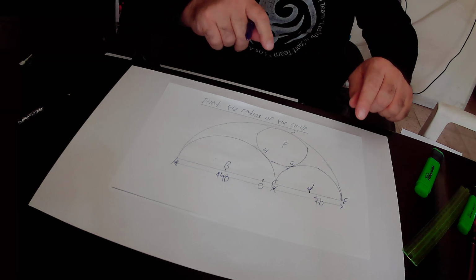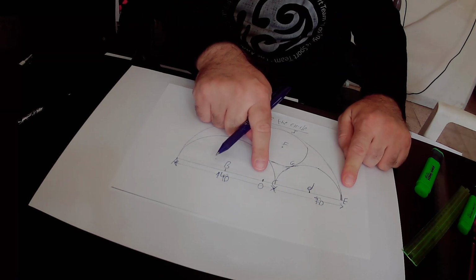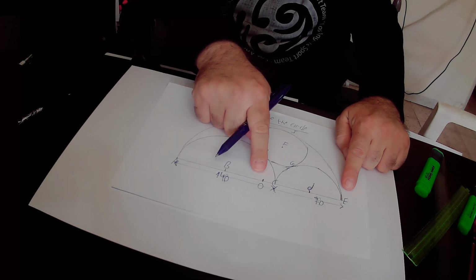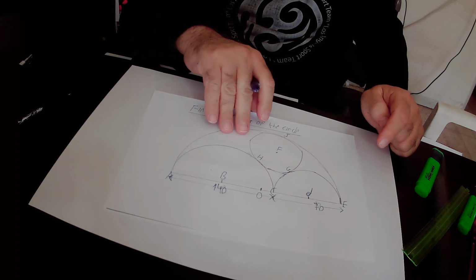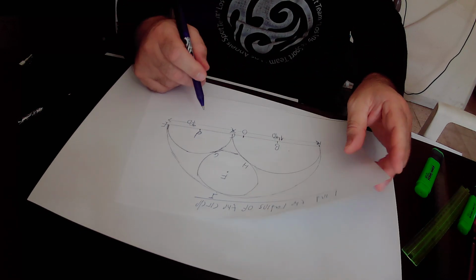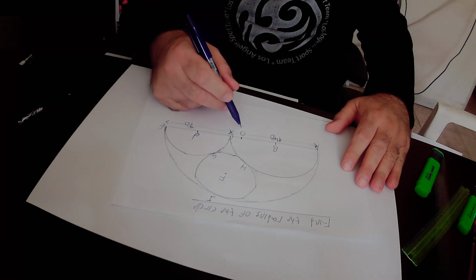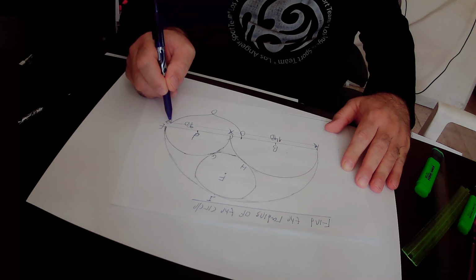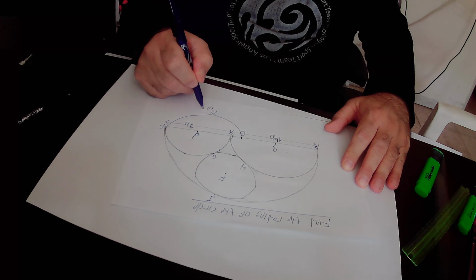Here, line segment OE starts from the center of the biggest semicircle, that is to say from point O, and ends at point E. That is exactly the definition of a radius. That is to say, OE is the radius of the biggest semicircle, equal to 105 units. So I write it down. OE equals 105 units.